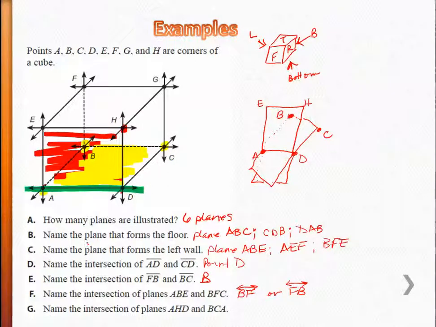Okay, there's those two planes intersecting. I don't know if my drawing did too much better, but hopefully it helped you see how they are intersecting. So their line of intersection is going to be AD, and there again you could name it DA, but what you have to be sure is to put that line symbol above the letters.